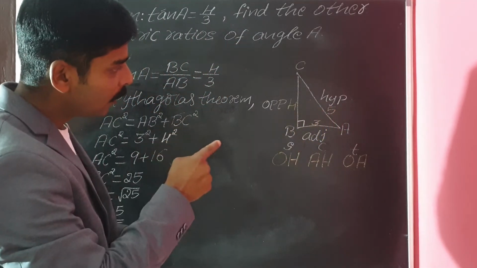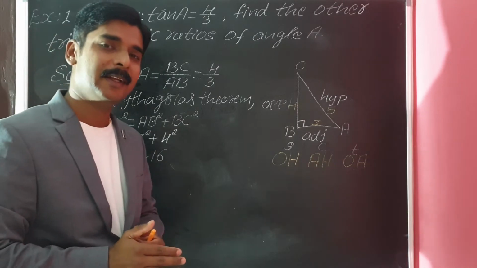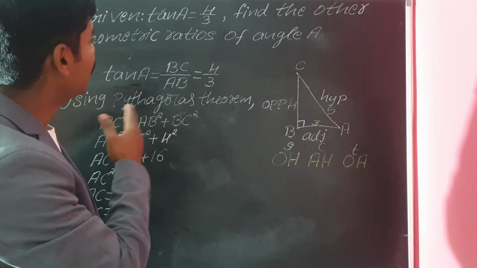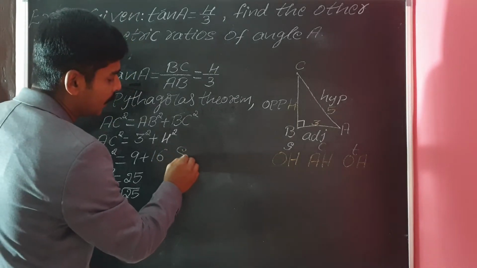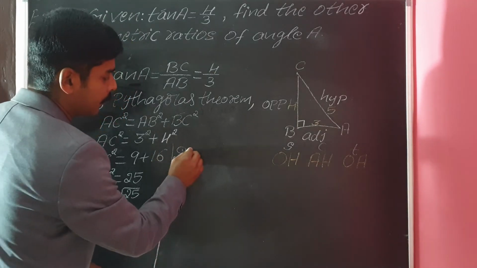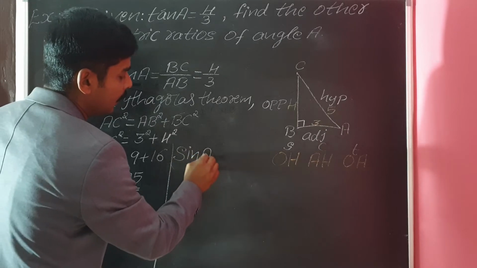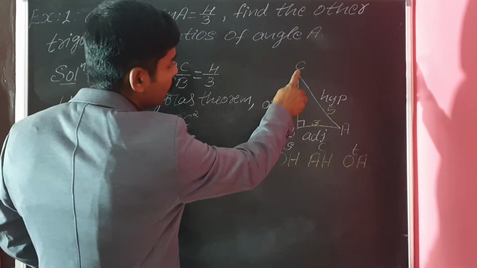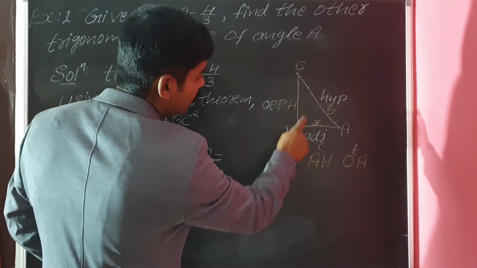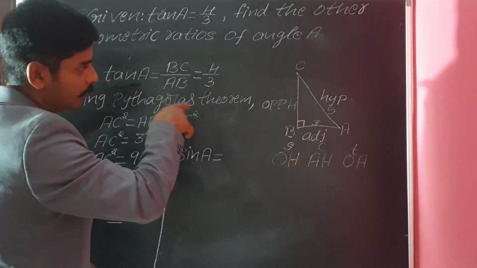Once you know all the three sides of a right angle triangle, you can start writing the other values of trigonometric ratios. First let us take sin A. What is sin A? Sin A is opposite by hypotenuse. Here opposite side is BC, hypotenuse is AC.